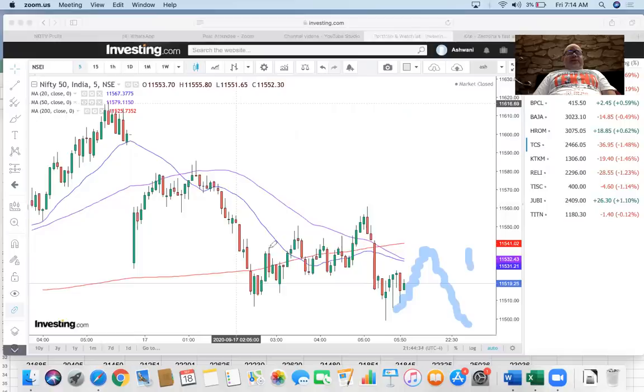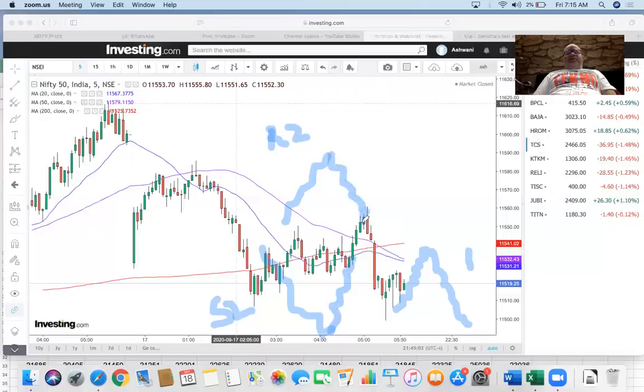Say during the day you go to S2 or R2 on the pivot system, because this is kind of a mean reverting market. It is not an expanding market. You should expect excursion back to the mean.